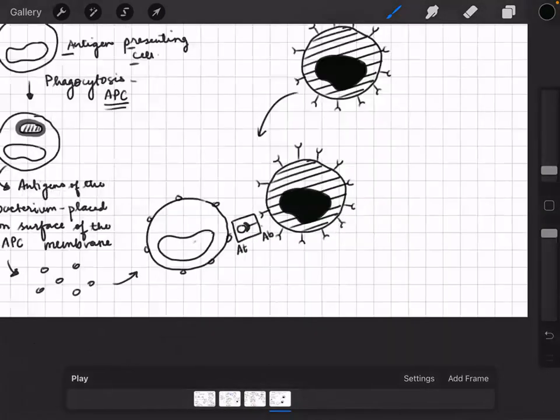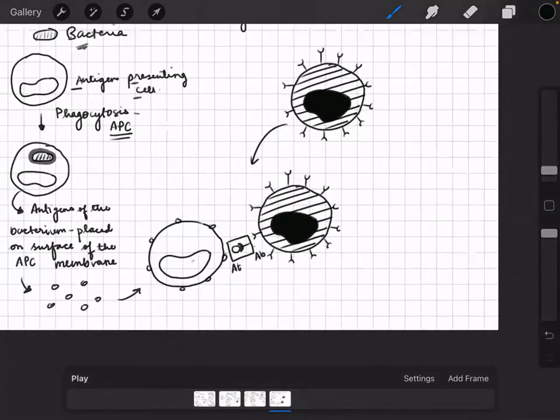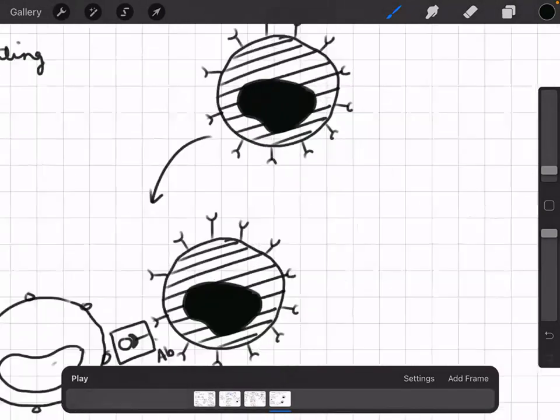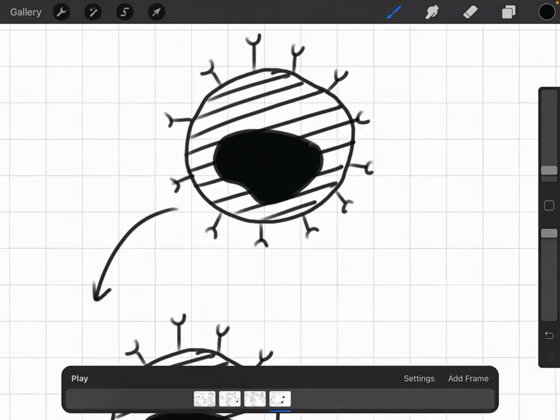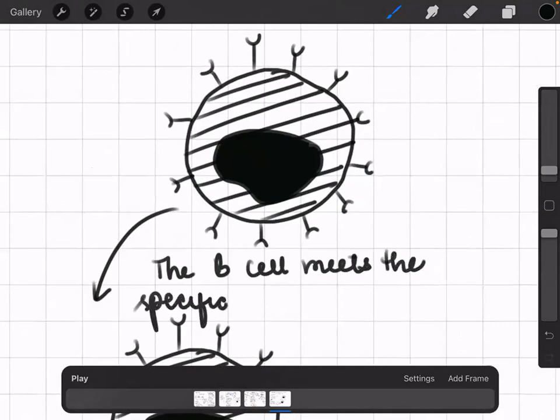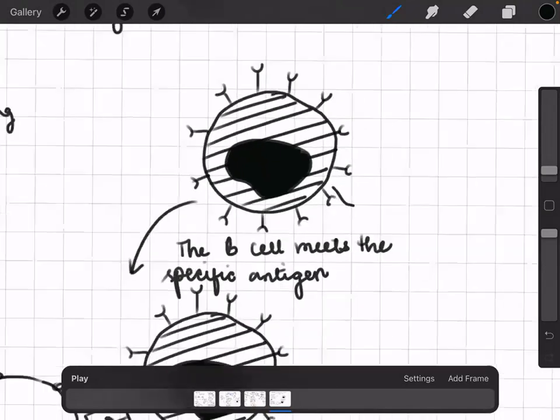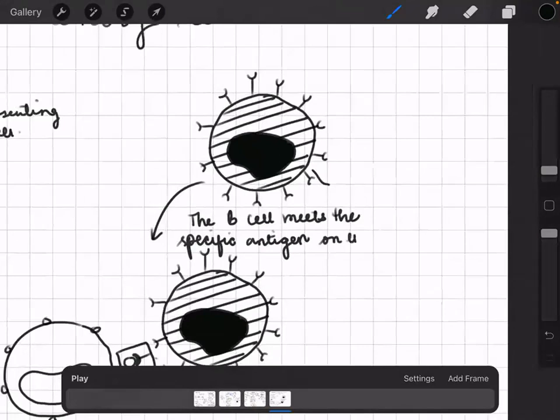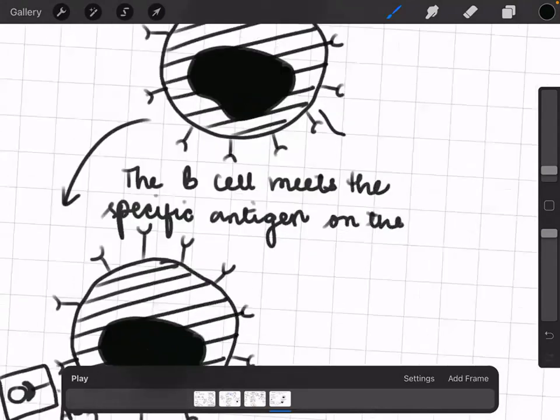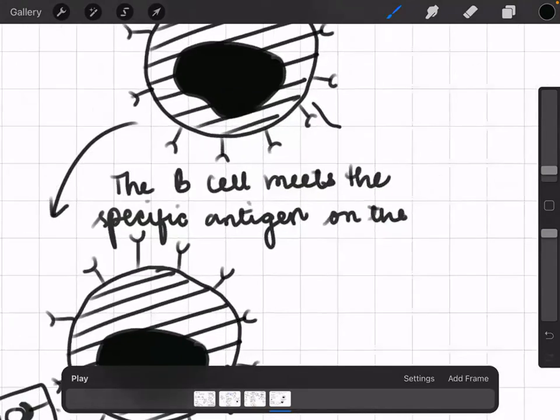Now, once your antibody or the B cell is going to meet the specific antigen, so I'm going to write over here, the B cell meets the specific antigen on or inside the body, and it turns into a macrophage.